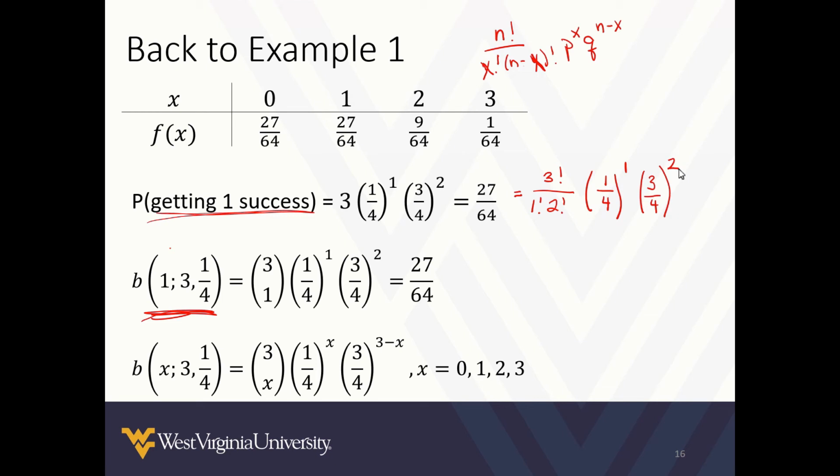If you do not remember how we solve a factorial, using 3 factorial as an example, that is equivalent to 3 times 2 times 1. If we are talking about 5 factorial, that would be 5 times 4 times 3 times 2 times 1.